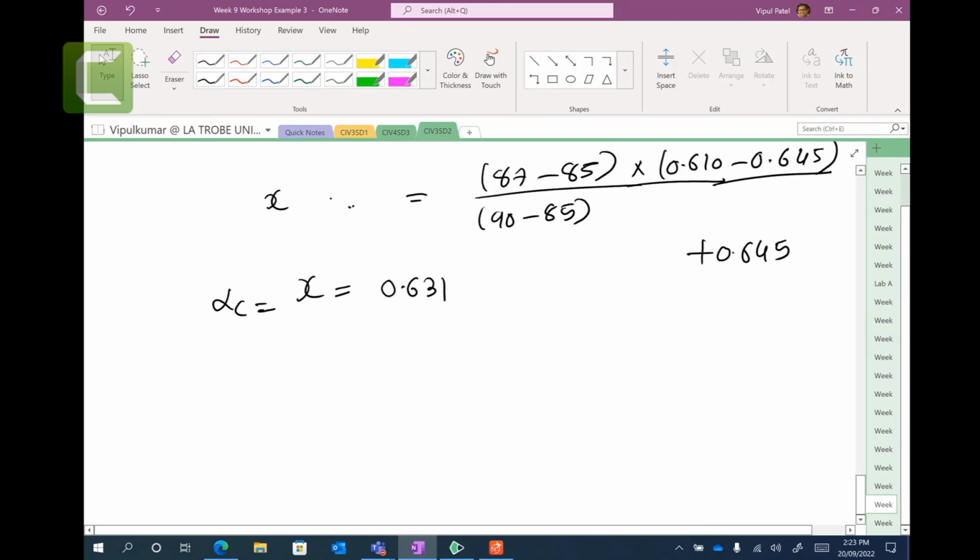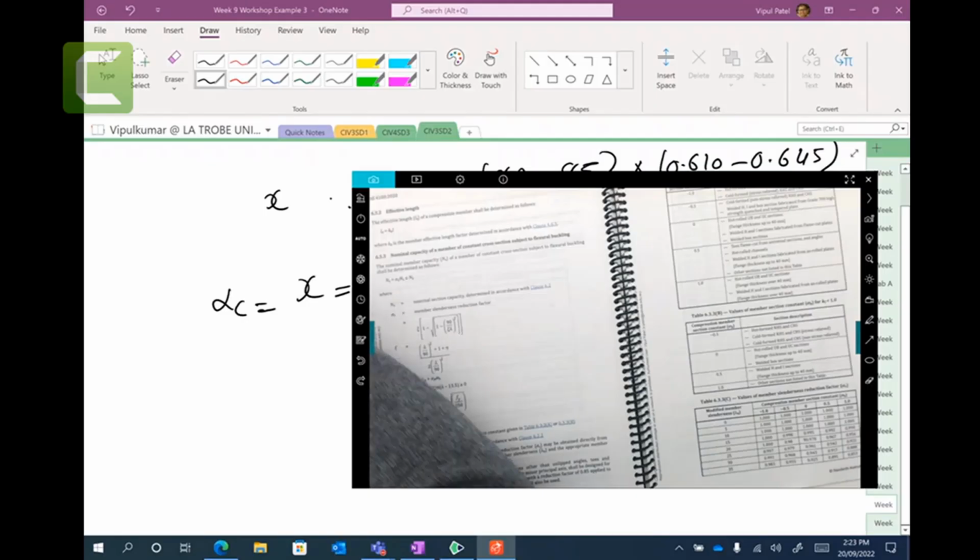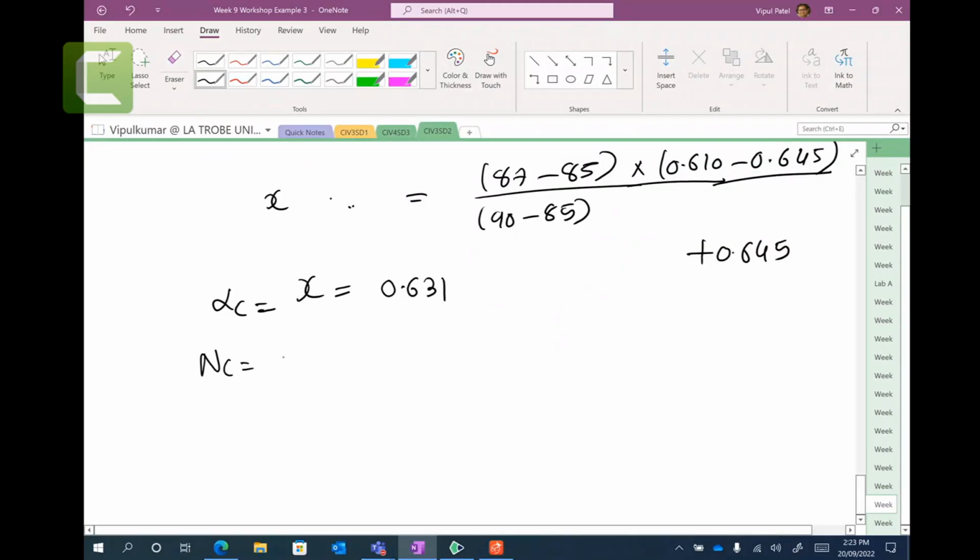Now, once you know this alpha c value, then you have Nc equal to alpha c Ns, 0.631. Look at the penalty, keep an eye. We assumed 0.7 penalty. It was not 0.7 now. It became almost 0.37, so we assumed 0.3.